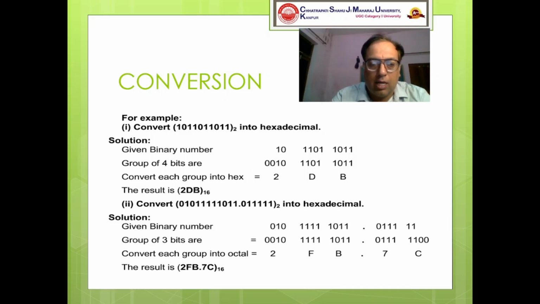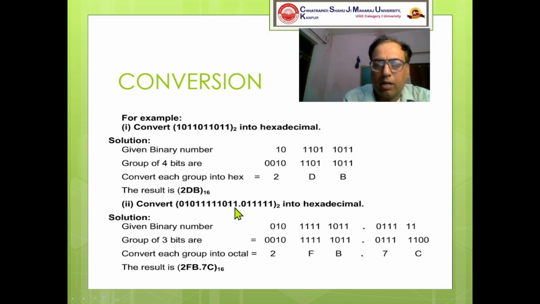Now let us see a fractional number. Here also, as in the case of octal, we will be taking a combination of 4 bits instead of 3 for the hexadecimal case. We will take 1011 as the first combination from the point.